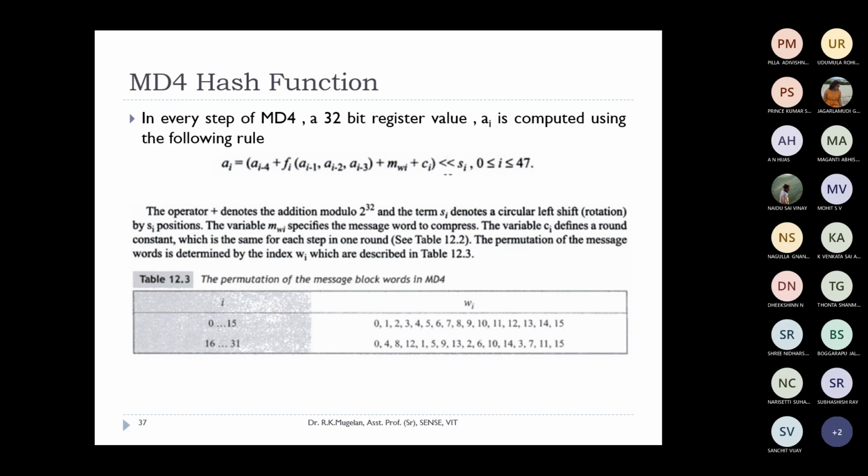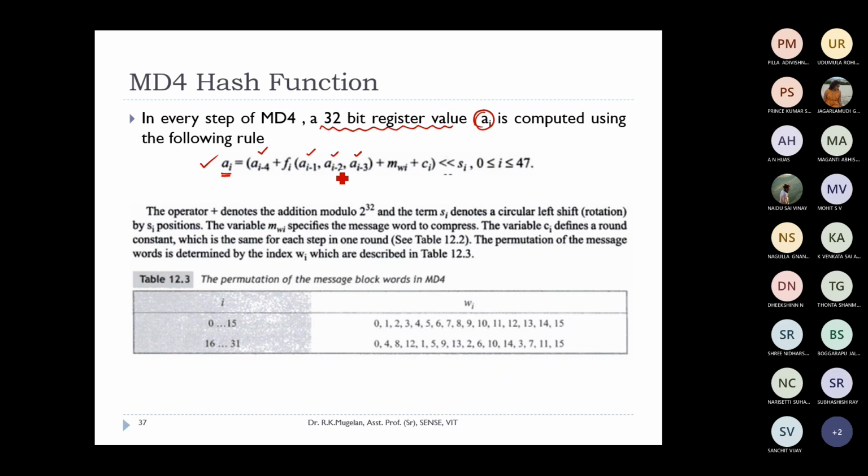If you take each and every step of MD4, they are going to produce a 32-bit register value. That is, one register word A is going to be computed for each and every step, for all the 48 steps, based on this rule. So, for example, if you are going to compute Ai, you'll be using Ai-4, Ai-1, 2 and 3, right?